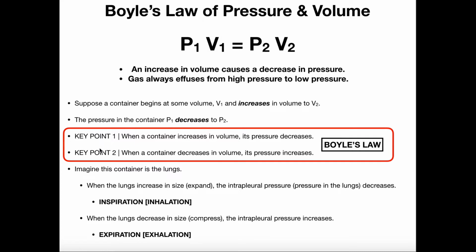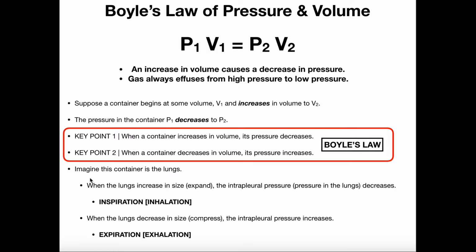And so two key points come out of this, and they're basically just the reverses of each other, but they're both iterations of Boyle's Law. When a container increases in volume, its pressure decreases. The second one, which is just the reverse: when a container decreases in volume, its pressure increases. And this is something very important to remember, especially when we talk about the respiratory system.